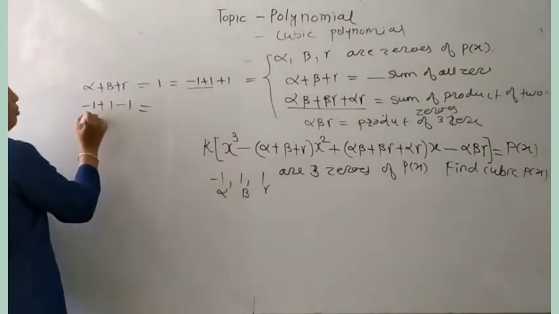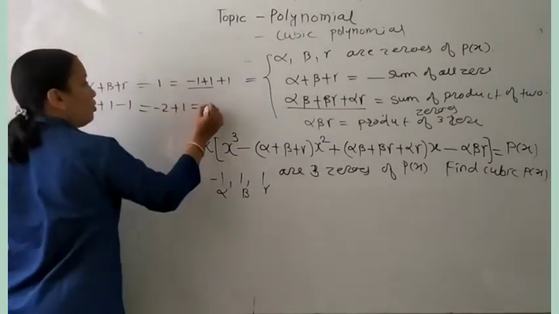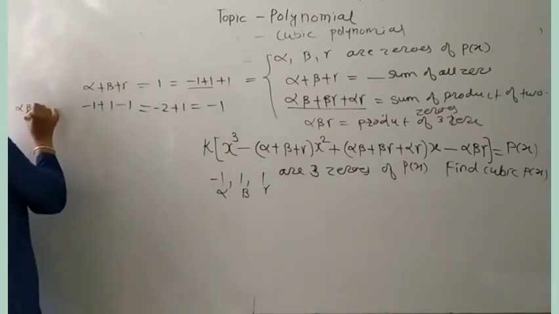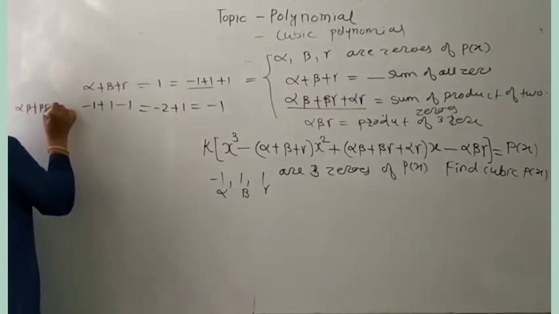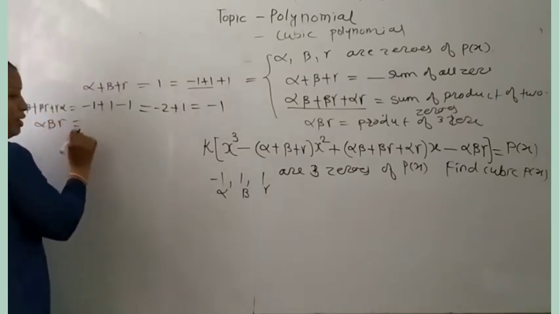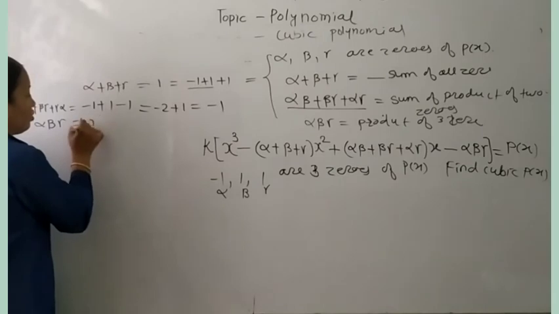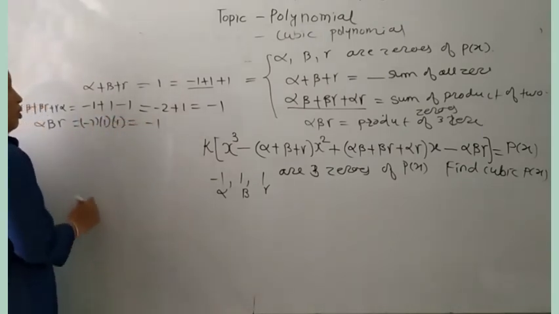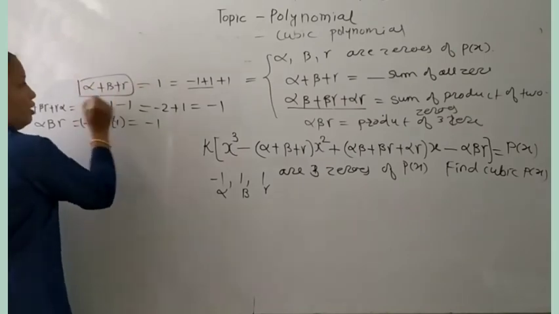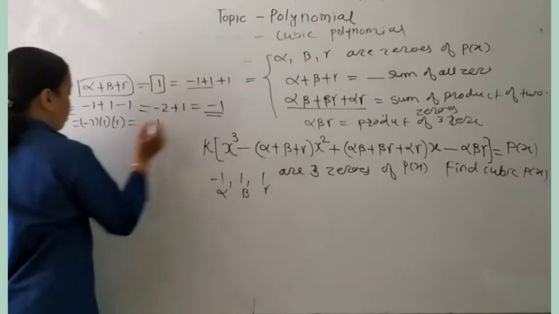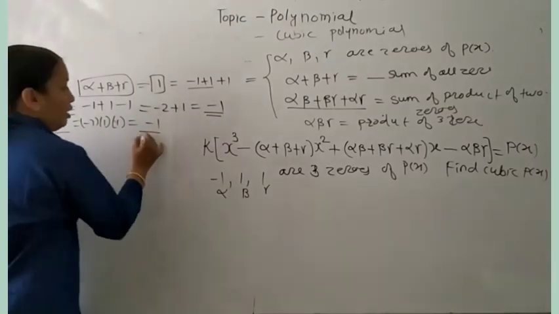That will be -1 +1 -1, that is equal to -1. ठीक है. Now find the alpha beta gamma. Alpha into beta into gamma, that is -1 into 1 into 1, that will be -1. Now alpha plus beta plus gamma is 1, the second is -1, and alpha beta gamma is again -1.